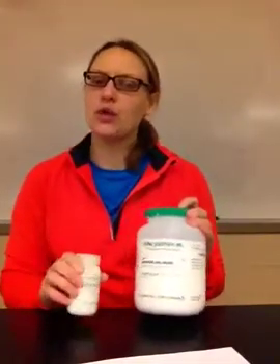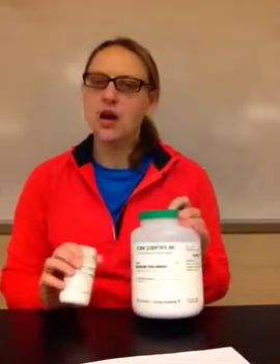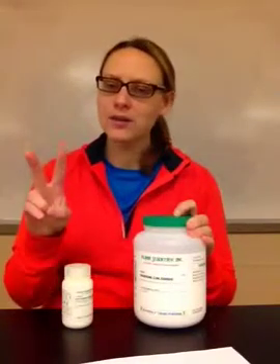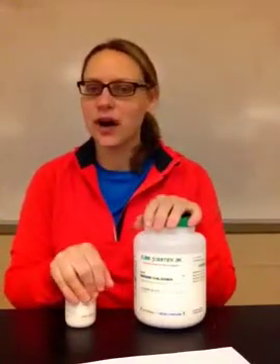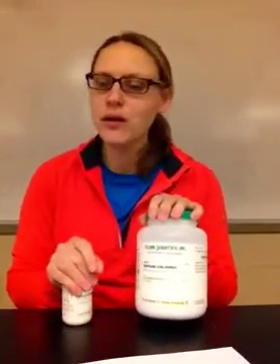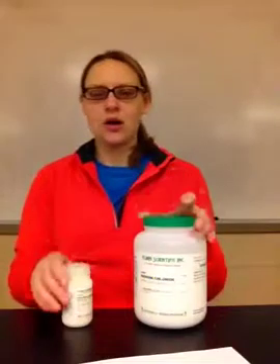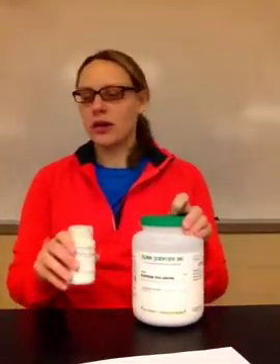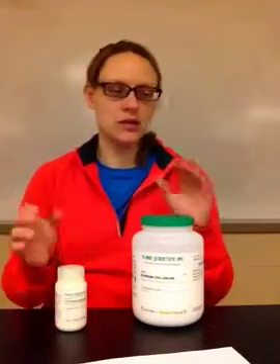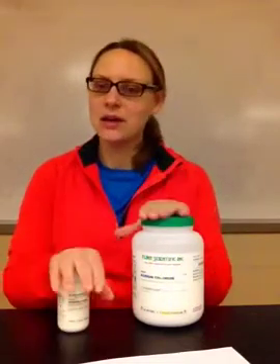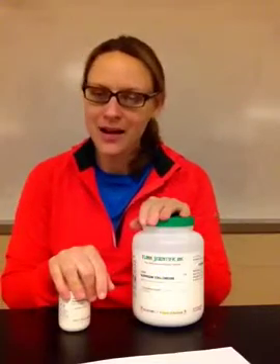We want these to go through a reaction so that you end up with 2 grams of product at the end, solid white product. All right? So you're going to use your stoichiometry to figure out how much of each of these you're going to start out with, and then you're going to mass them out. You're going to dissolve them in water so that they turn into aqueous solution so that they're actually going to react.